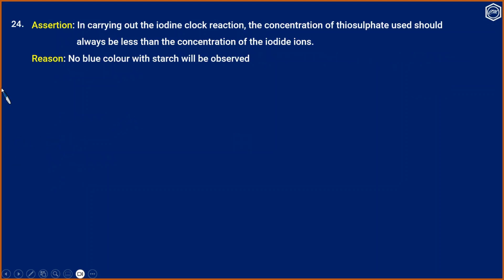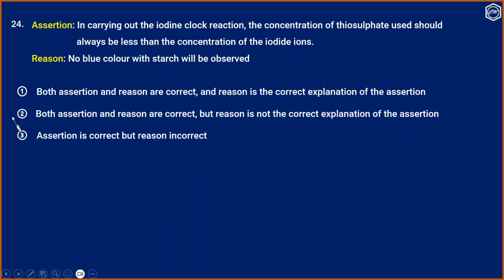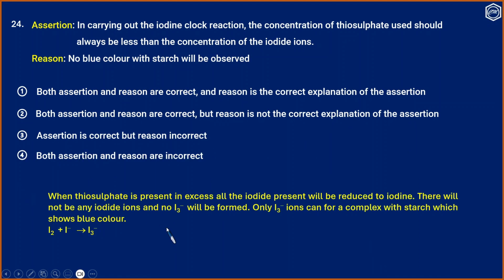Question number 24. In carrying out the iodine clock reaction, the concentration of thiosulfate used should always be less than the concentration of iodide ions. Reason: no blue color with the starch will be observed. Option 1, option 2, option 3, and option 4. When thiosulfate is present in excess, all the iodide will be reduced to iodine.